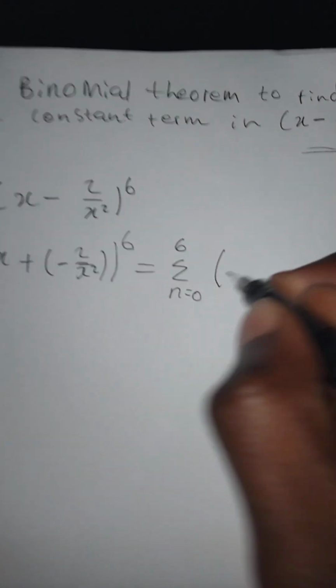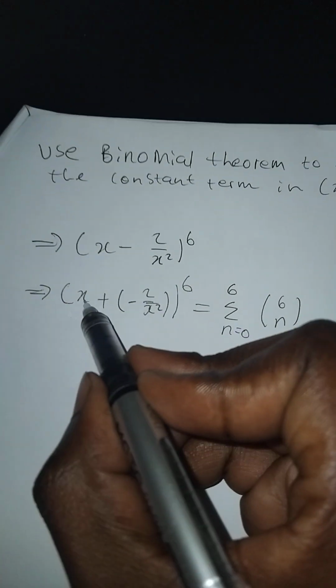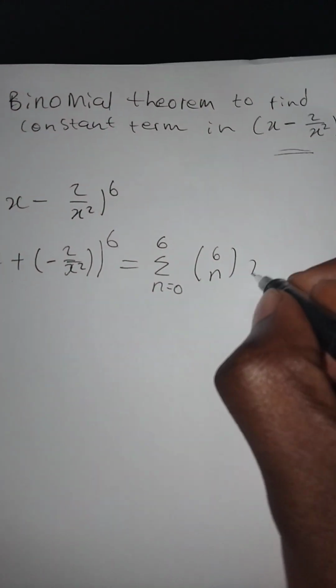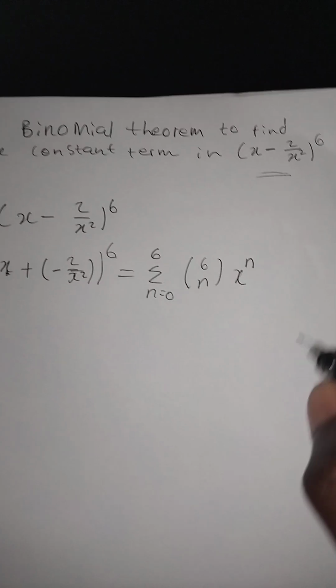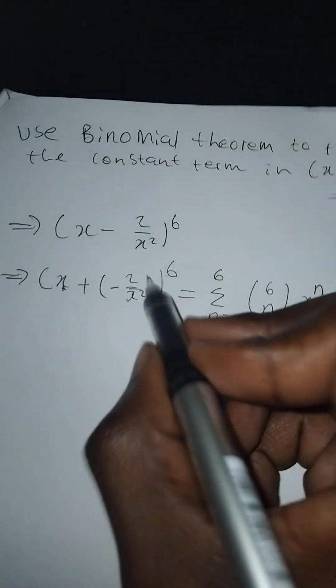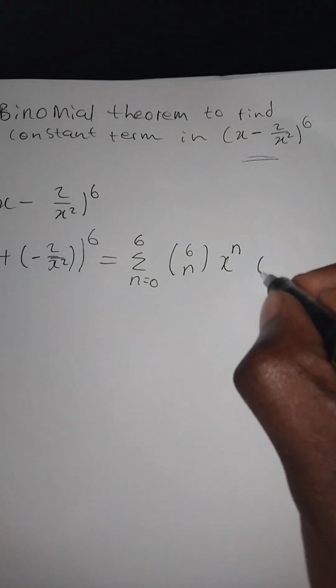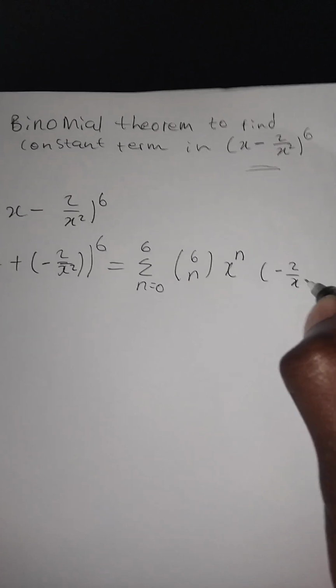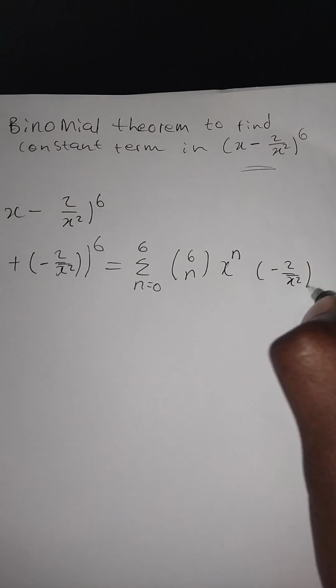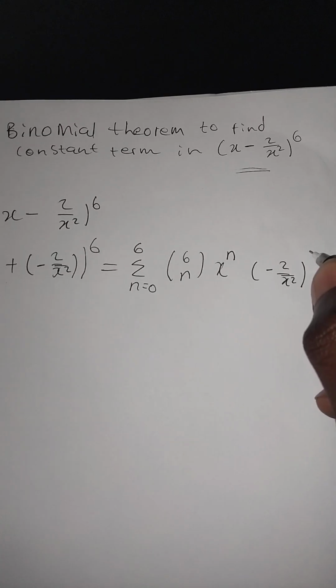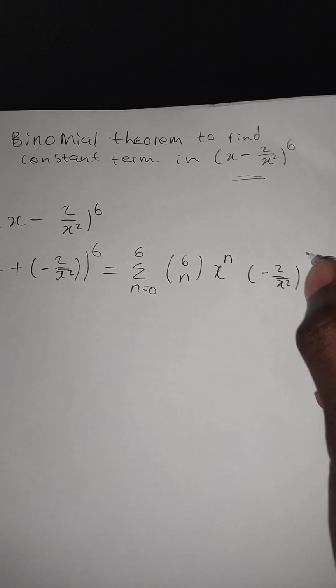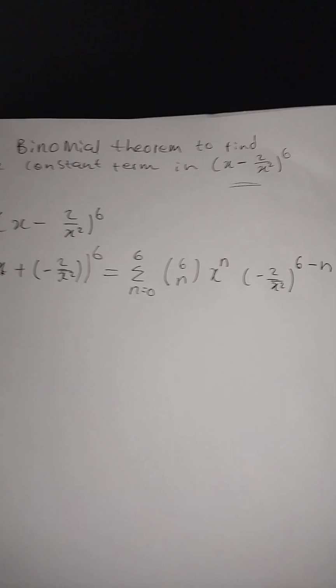Then combination of 6 and n. Then our first term is x, so I can just put it as it is, x to the power n. Then where there is y, I'm going to plug minus 2 all over x squared. It says to the power k minus n, so it's 6 minus n, just like that.